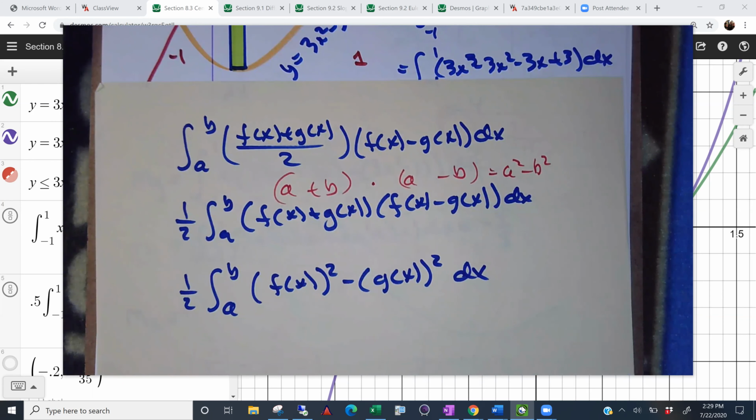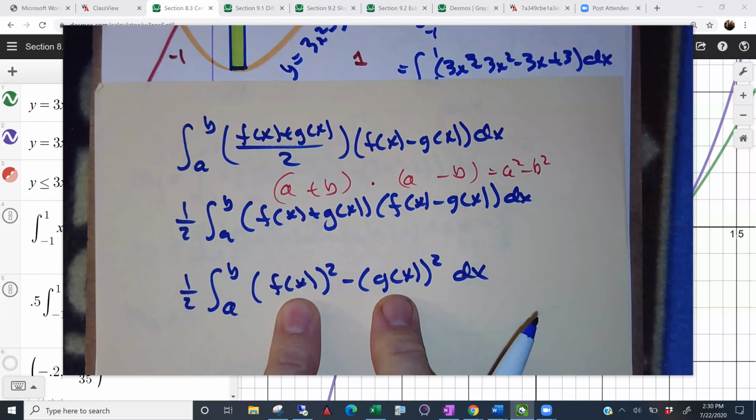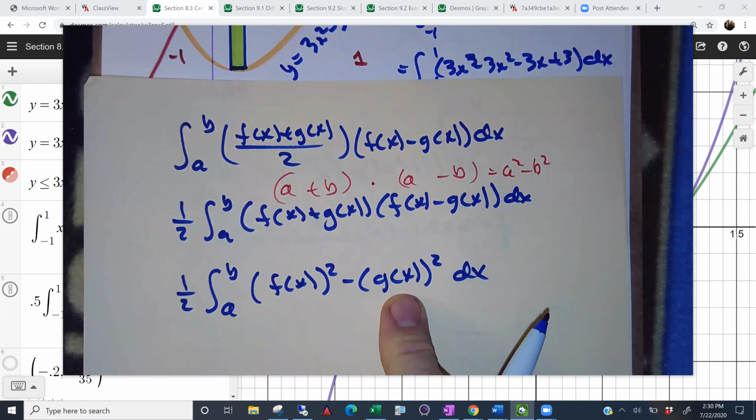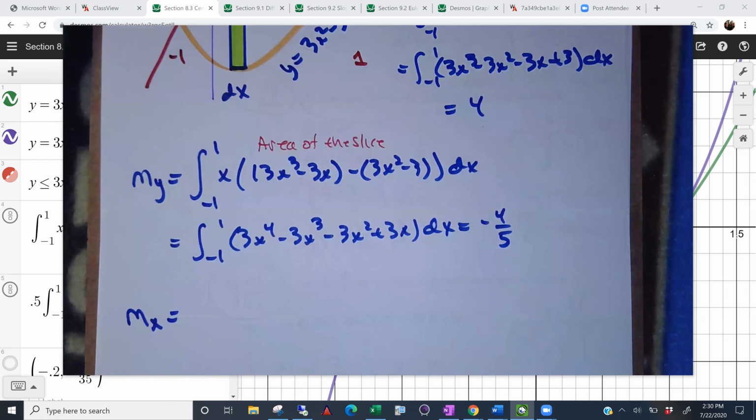So for us, our f of x is going to be the top function, and g of x is going to be the bottom function. It's just going to be a little bit friendlier way to write this.